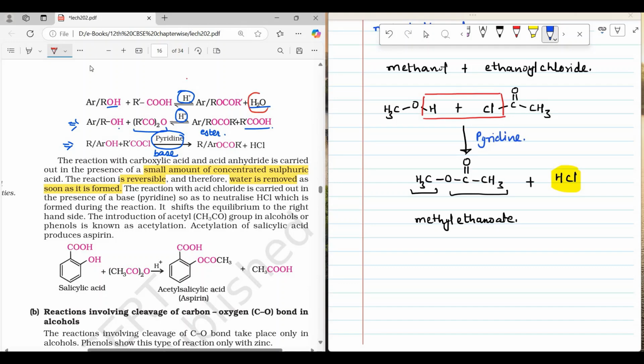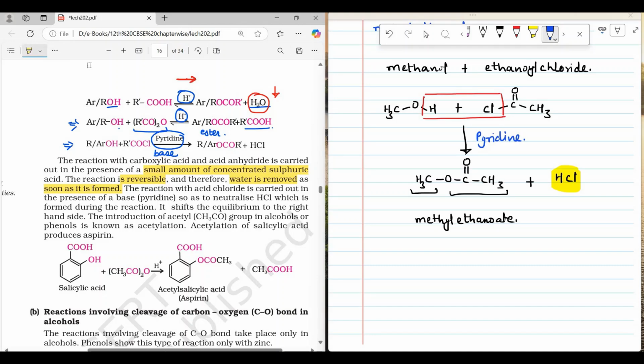When you decrease the concentration of product, equilibrium will shift in the direction where the concentration of product can be increased. So that's why equilibrium will shift in the forward direction to nullify the effect of decrease in concentration. So that's why when you remove the water from the reaction medium, rate of reaction increases in the forward direction.